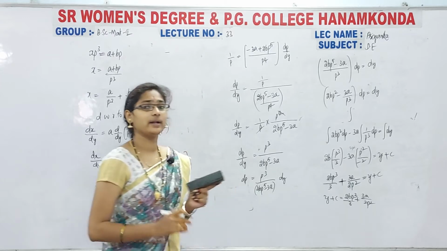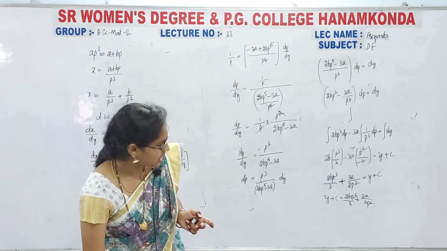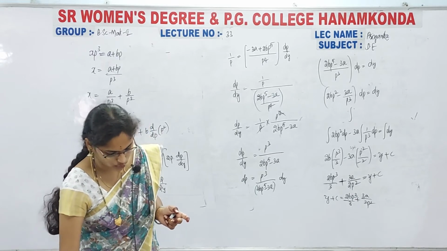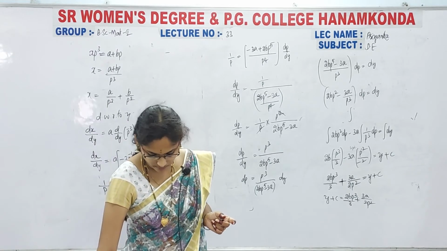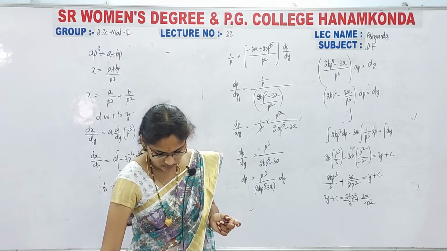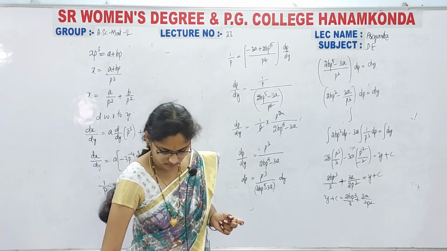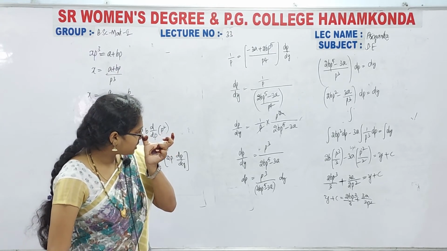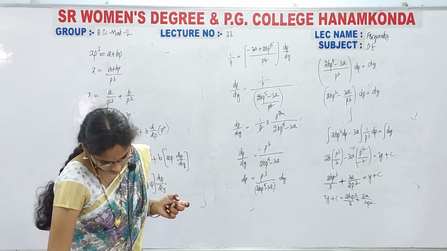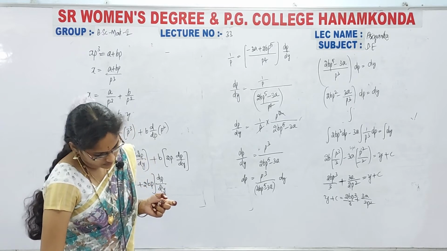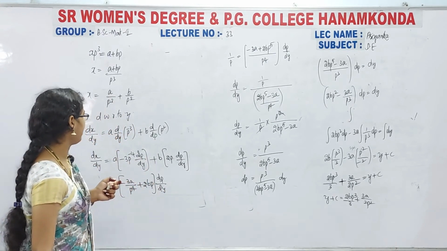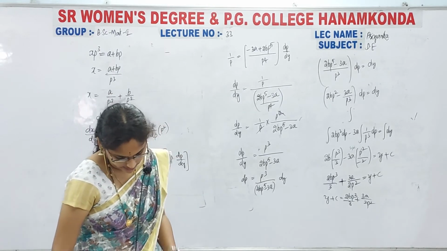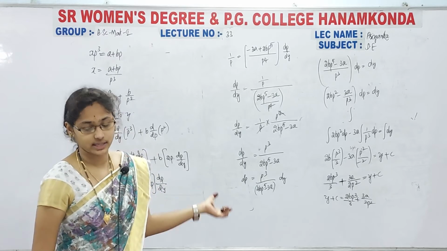Okay, so this is the value, but from this what we have to calculate, I am just checking the answer: 3a by 2p square plus 2b p cube by 3 plus c, where it is dy. We got the same answer, but what they did is simply they took all the terms to one side.